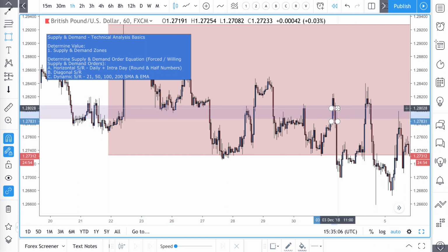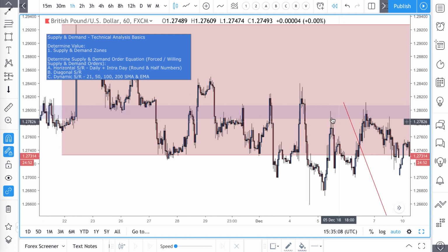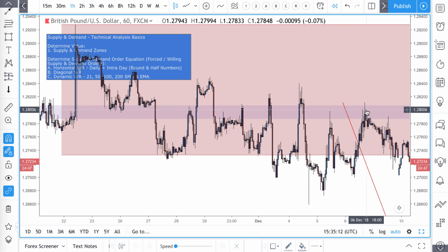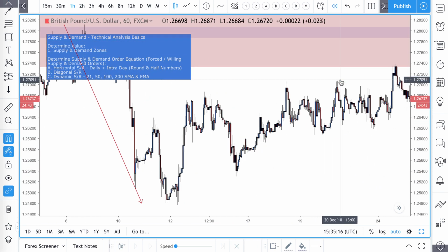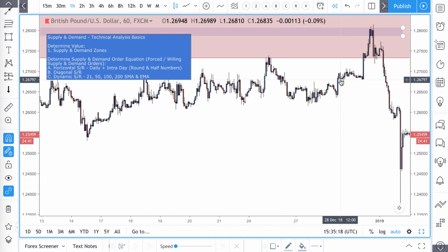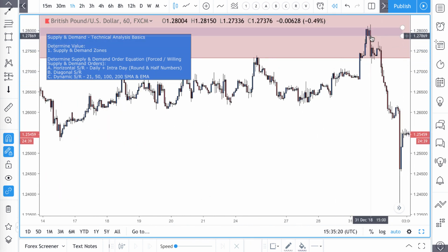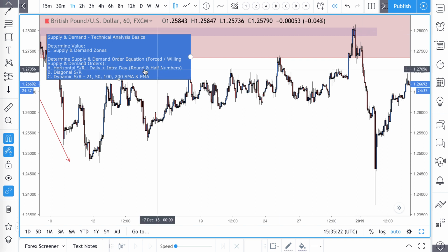A bit of resistance here, which is broken through. You've got a level here which has reacted here as well, reacted there. And as we scroll across, you can see we've got resistance there. So horizontal support and resistance within daily supply and demand zones for the intraday trader.